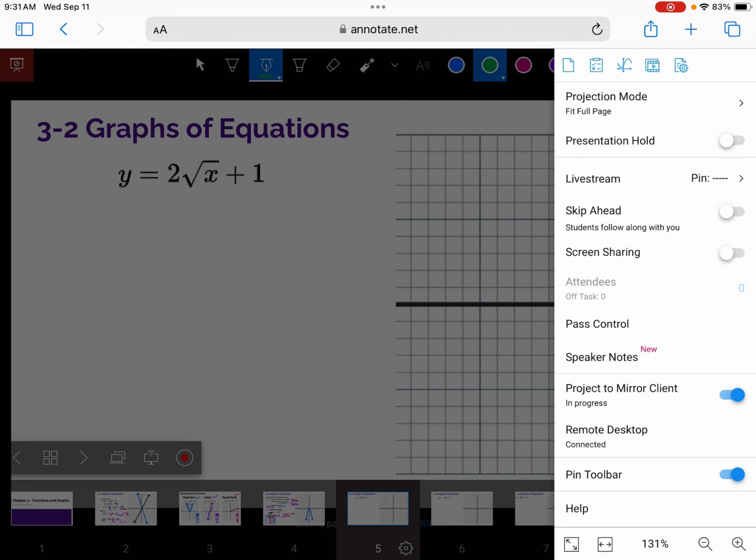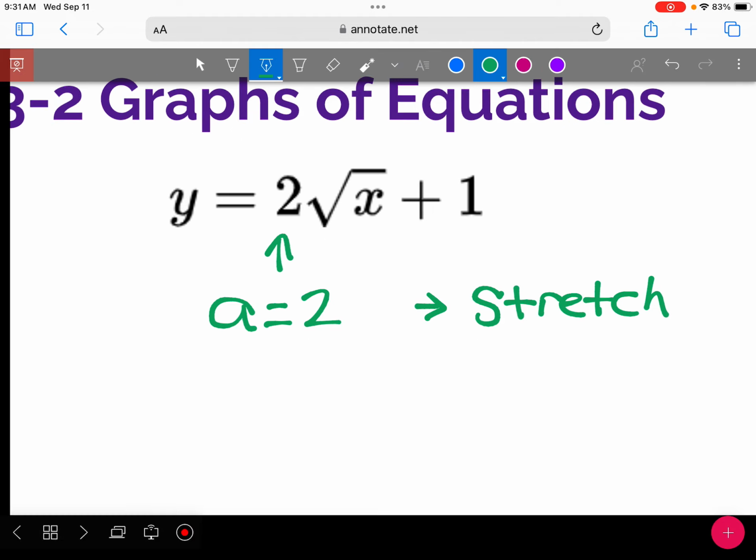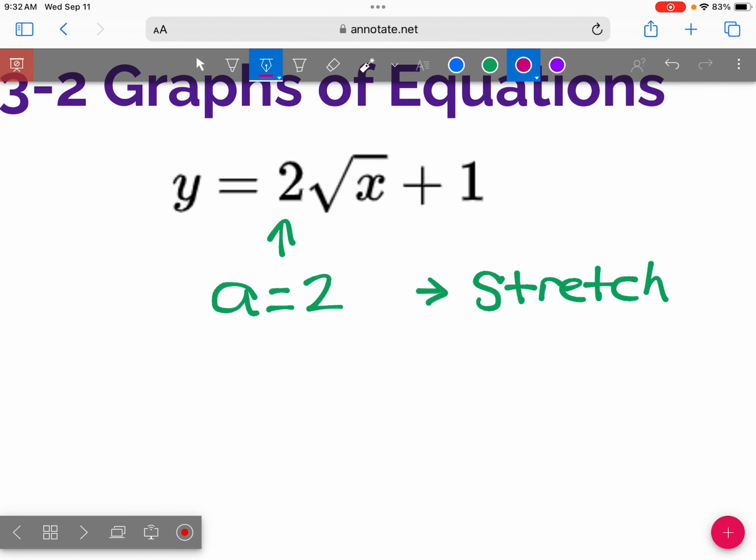What transformations do we have here? We have a stretch. Our A is 2, which tells us we have a vertical stretch by a factor of 2. And we have a K. This is a K, so we're going to have a shift up. It's a vertical shift.